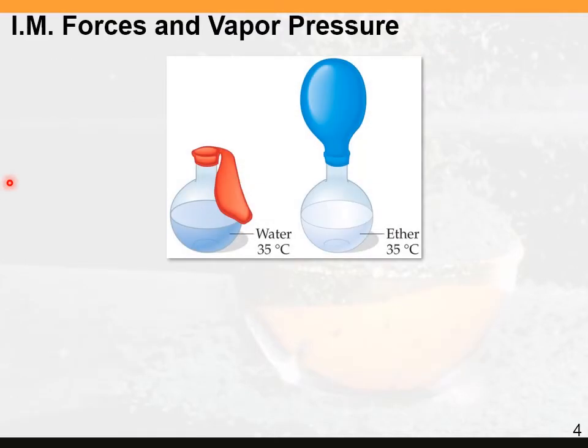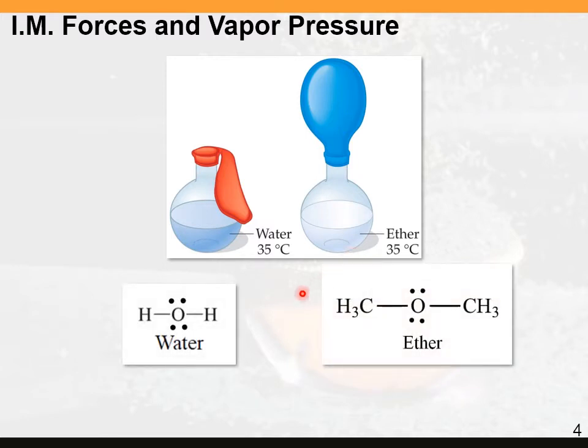We established the fact that, by observation, ether is a more volatile liquid than water. It has a higher vapor pressure at a given temperature. But why so? To explain that, we need to look at the intermolecular forces that are present in the two liquids. For that purpose, we need their Lewis structures drawn, which will reveal what kind of intermolecular forces each can make.